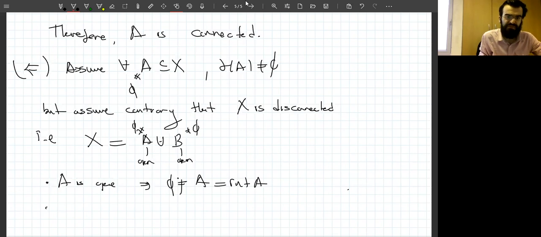As X is the disjoint union of these two, A and B, then B equals A complement.